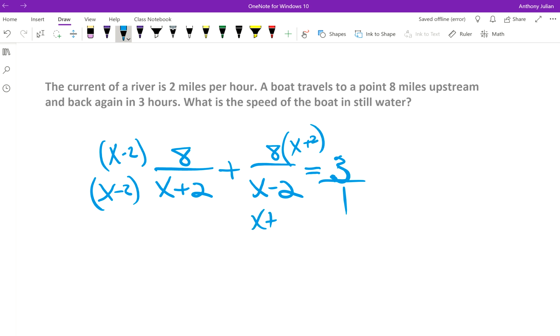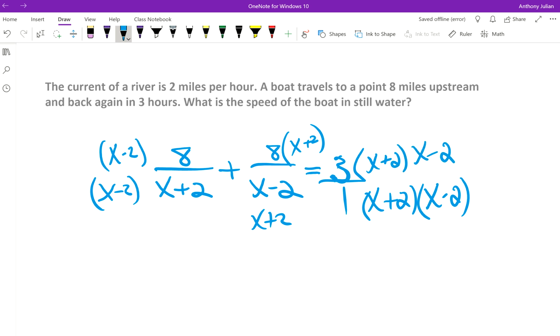And the 1, I'm going to multiply by x plus 2 times x minus 2, again top and bottom. We know why: we're getting our denominators to be the same, that way we can ignore the denominators and solve for the numerator.